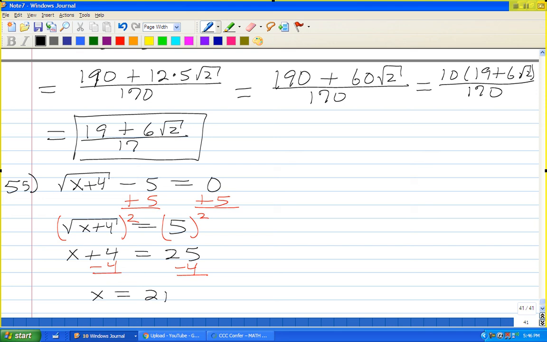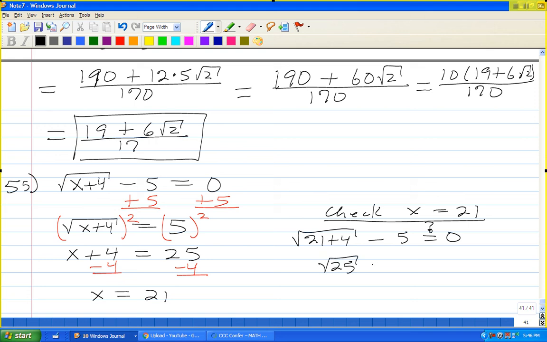Well, let's check to see that this is not an extraneous solution. So I have, is the square root of 21 plus 4 minus 5 equal to 0? Well, is the square root of 25 minus 5 0?